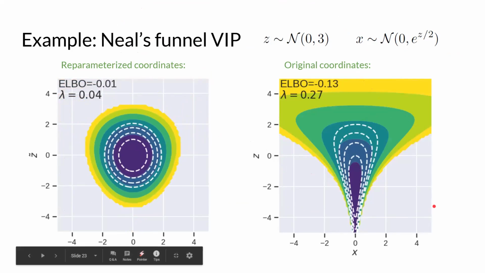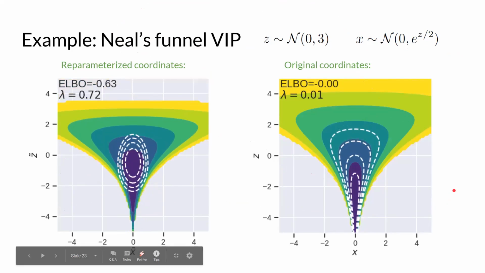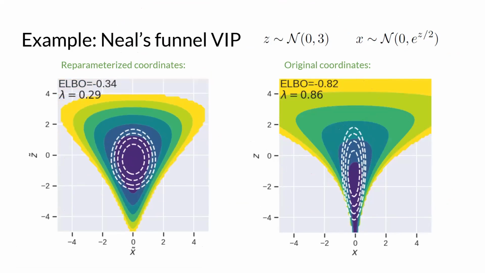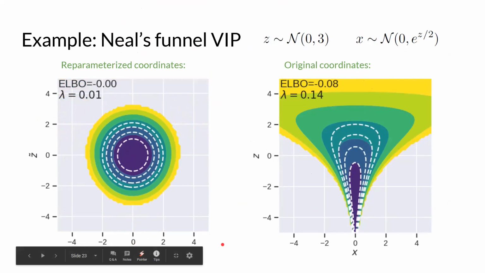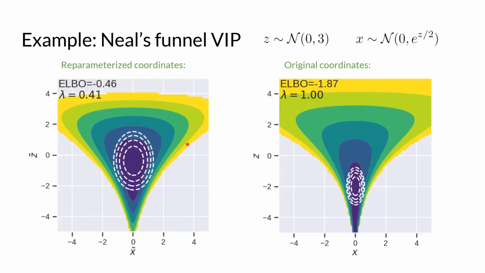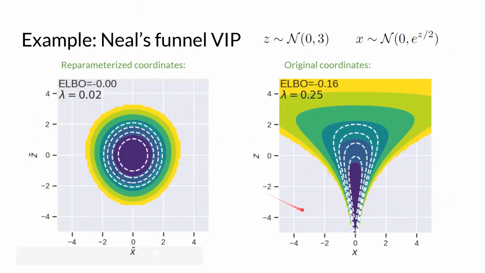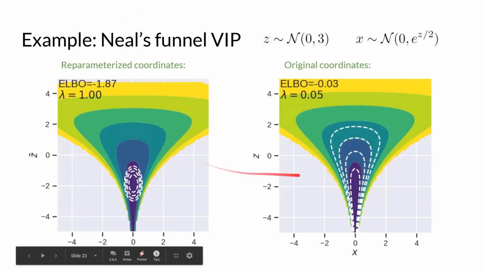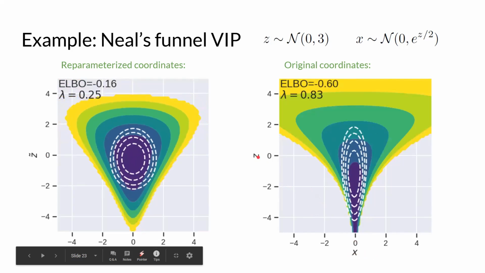On the right hand side, there is another perspective of the same thing. So this shows the density in terms of the reparameterized variables. So this is x tilde and z tilde. So they move, right? While here on the right hand side we have the original coordinates.